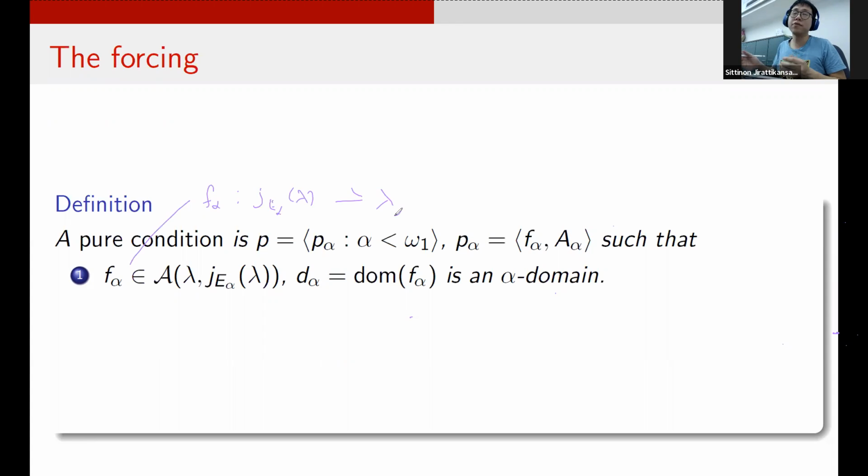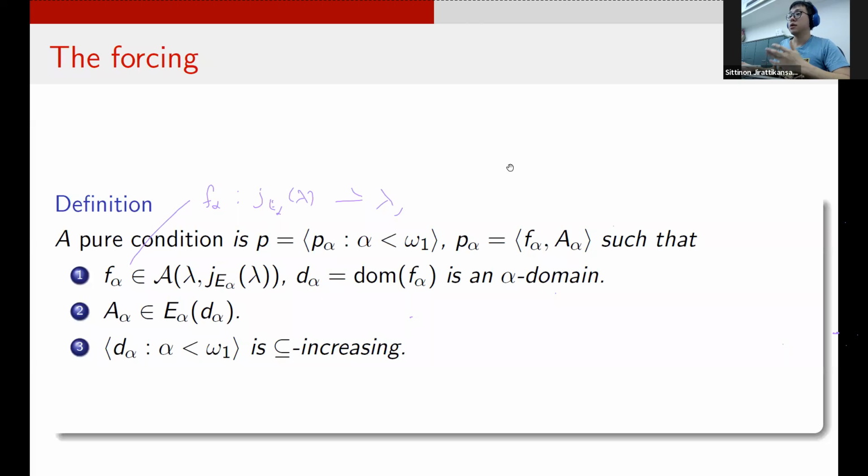So it's just one of the Ds that we described earlier. A_alpha is in E_alpha, D_alpha. So it's just a collection of mu's, a collection of objects. The sequence of domains is subset increasing.